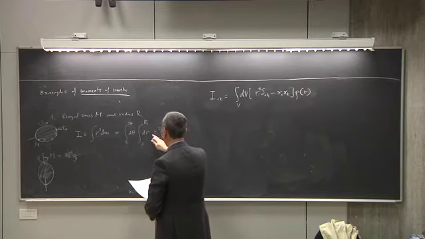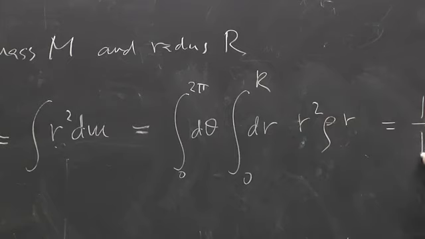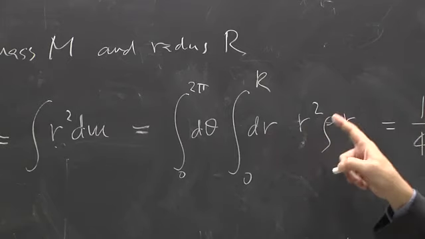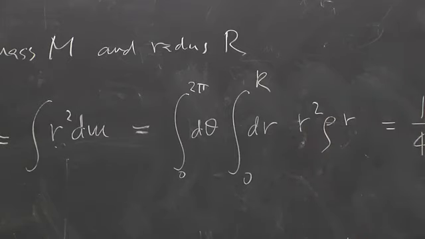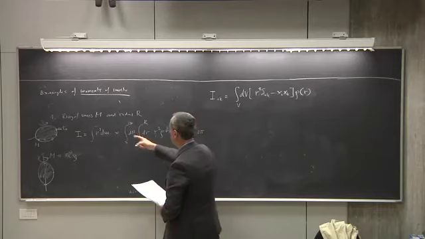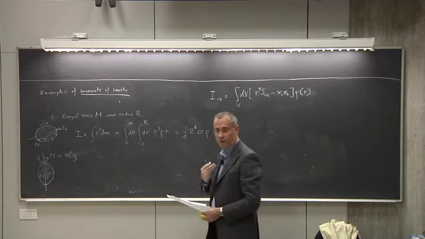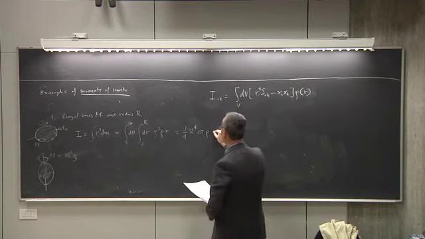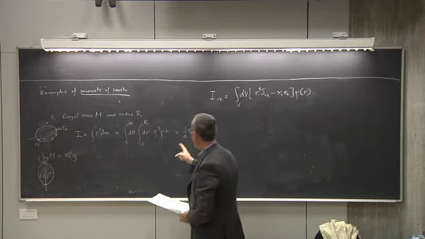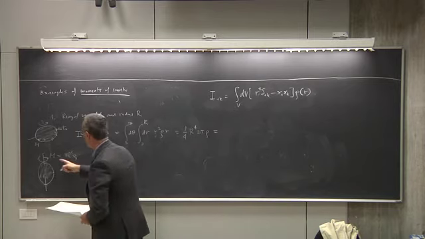So I do the integral, 1/4 r to the 4th from 0 to R, times 2 pi from this, and we assume that the density is constant, so I can pull it out. Then I only need to rewrite this in terms of the total mass of my object.